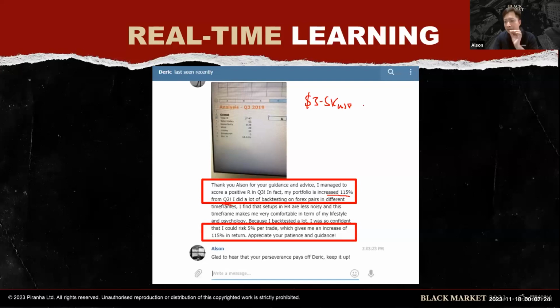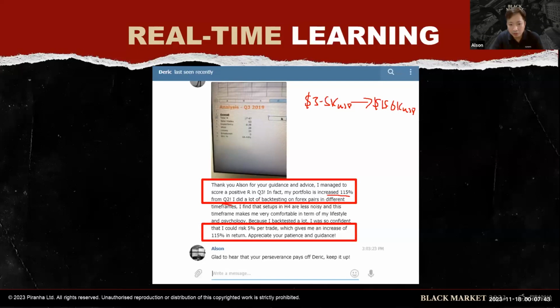He started with the most basic minimum account size of 3.5K, and he turned it into 15.6K USD within one year. It's very impressive for a beginner, right? He made, I would say, multi-bags, almost 4 or 5 times his initial capital.